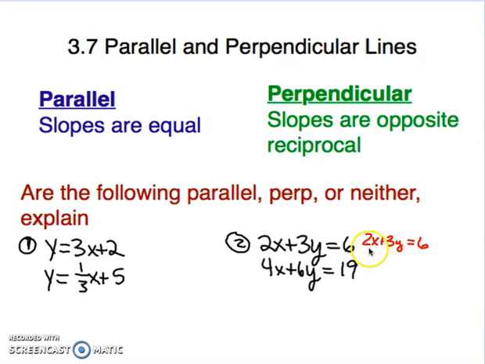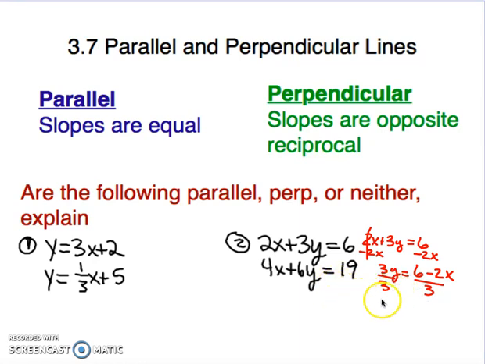I can subtract 2x from both sides, and that will cancel these out. And I'm left with 3y equals 6 minus 2x. Then I can divide the 3 off both sides.